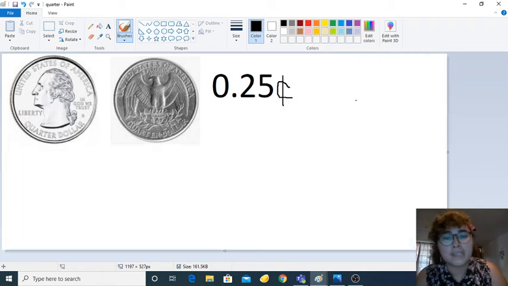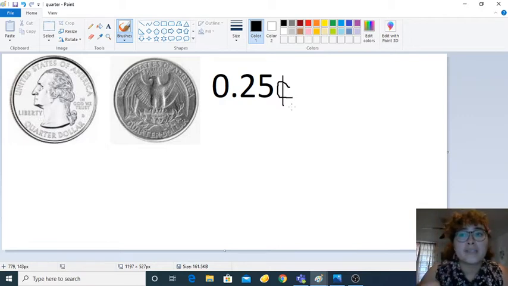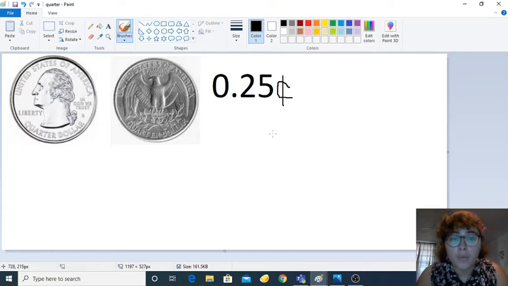and it makes it easier for us, honestly, that if we know how much it is to have more than 1 quarter, it's easier for us when we're counting money. For example, 1 quarter is 25 cents.